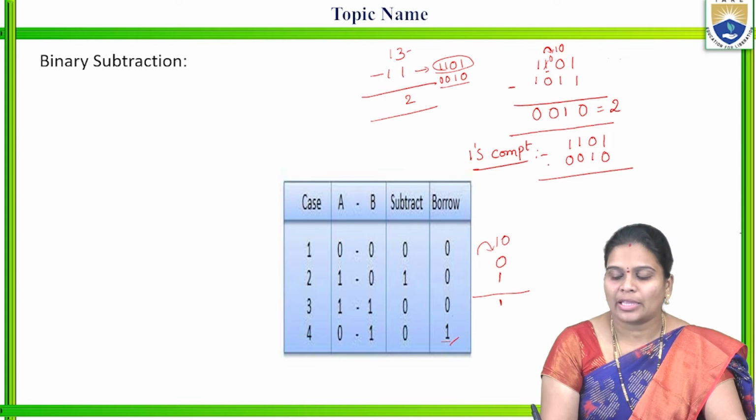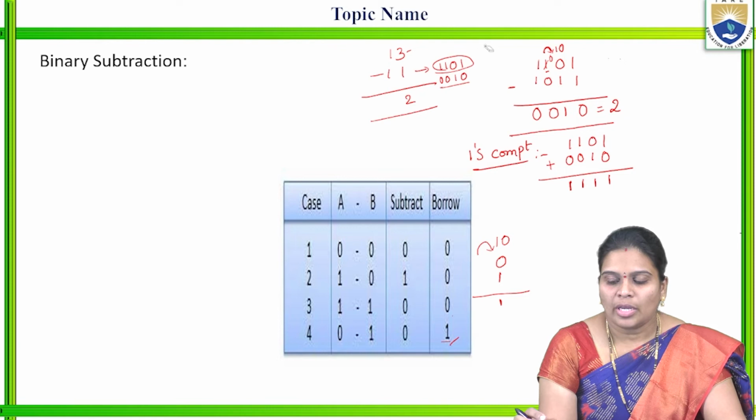Now we add these two. Addition is easy: 1 plus 0 is 1, 0 plus 1 is 1, 1 plus 0 is 1, 1 plus 0 is 1.